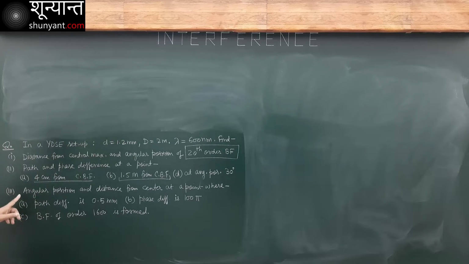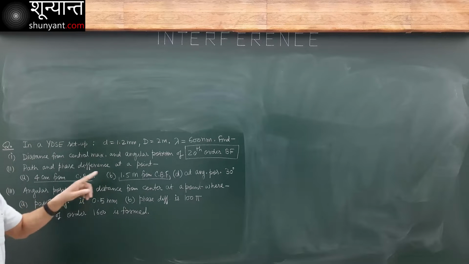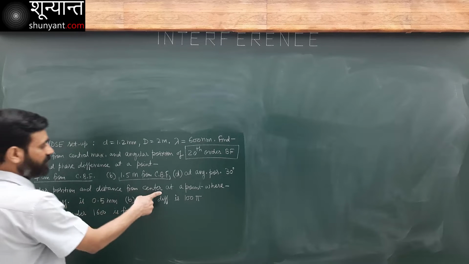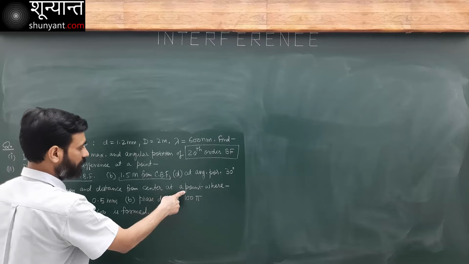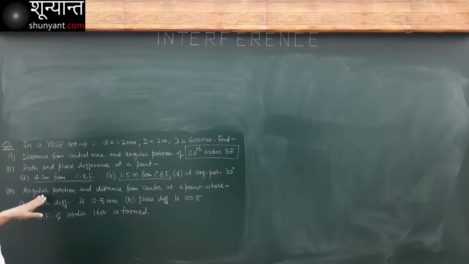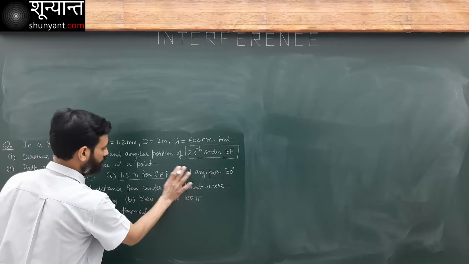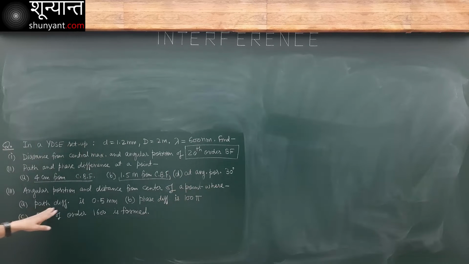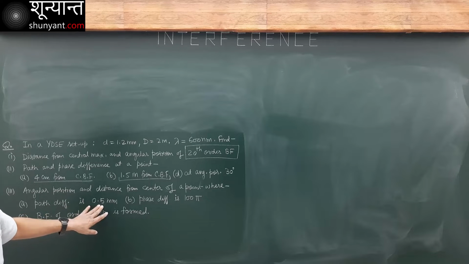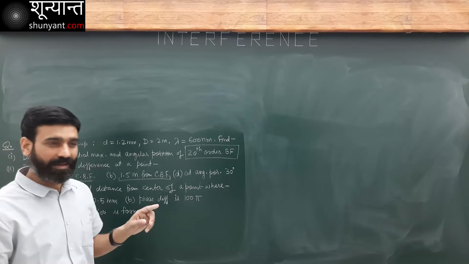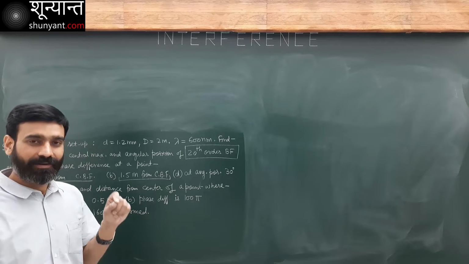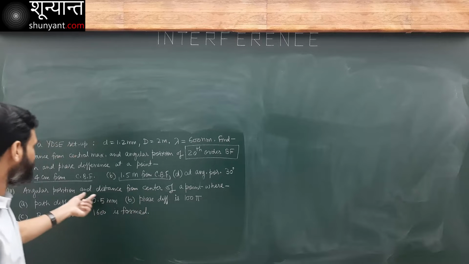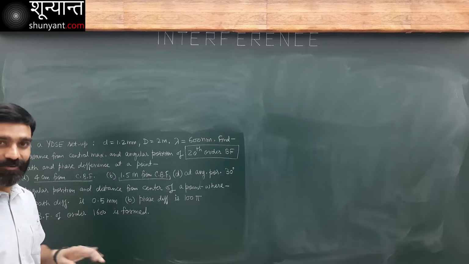Next part of this problem: angular position and distance from center of a point where the path difference is half a millimeter. At a point on the screen, the path difference is half a millimeter. What is the distance of that point from center, and what is its angular position? We have to find it.